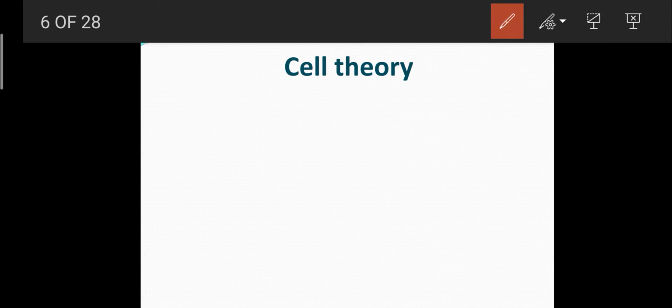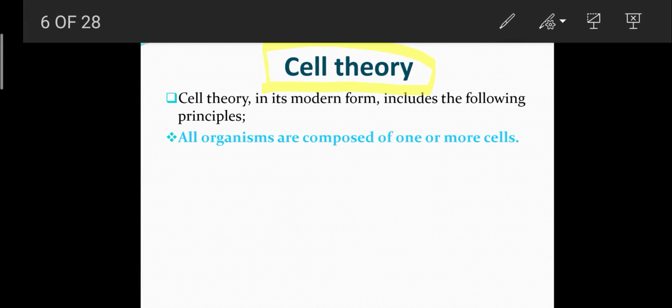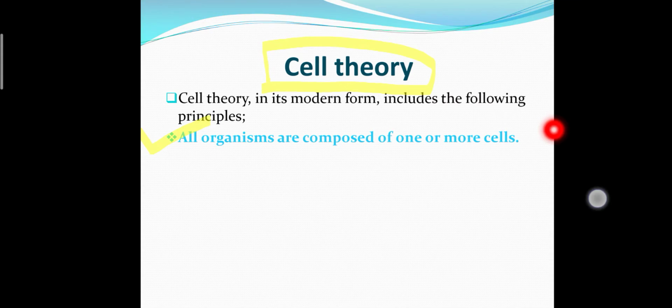Now we will discuss the three main principles of cell theory. The first principle is that all organisms are composed of one or more cells.